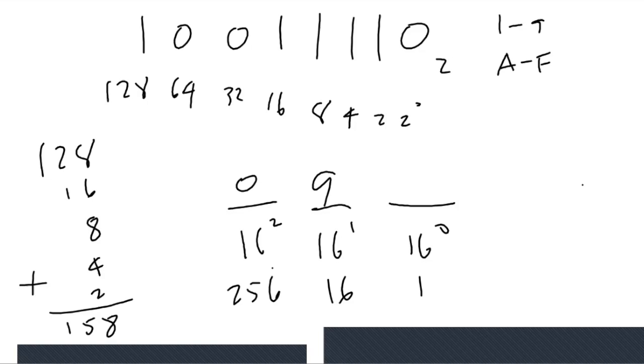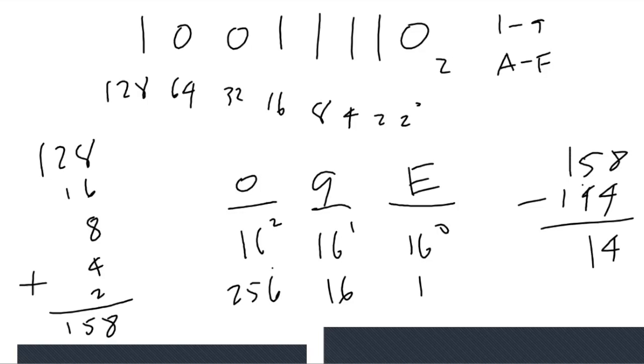We take 158, subtract 144, and we get 14. So we're going to have a 14 in this slot, which is A, B, C, D, E. So this number, 10011110 in base 2, is 9E in hexadecimal.